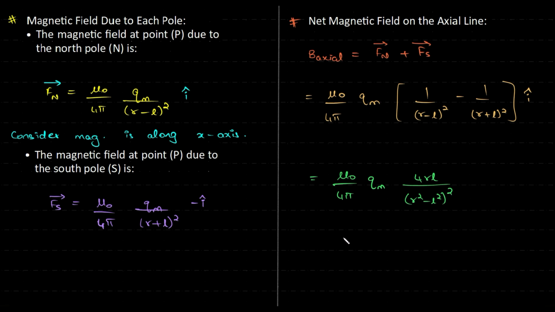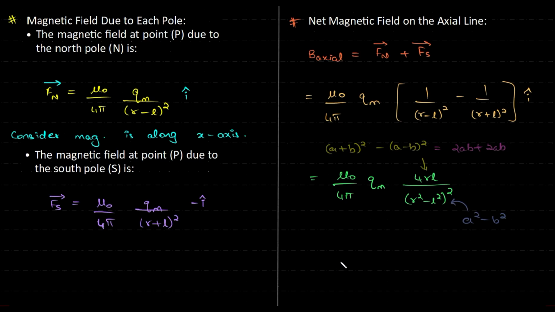The numerator comes from (a plus b) whole square minus (a minus b) whole square. When you expand it, a square and b square cancel and we are left with 2ab plus 2ab. And so we end up with this result.